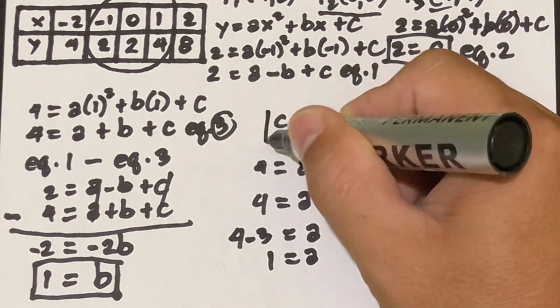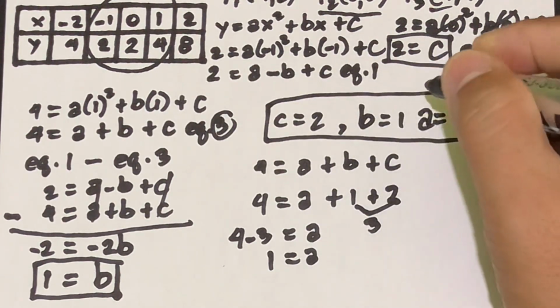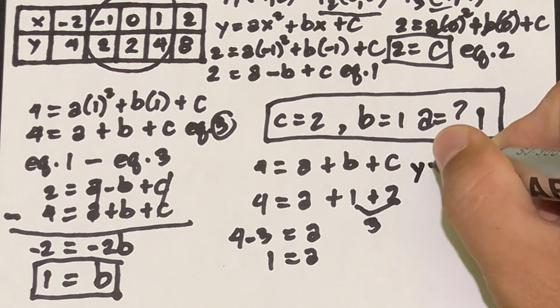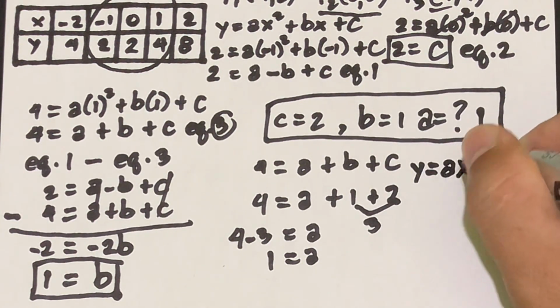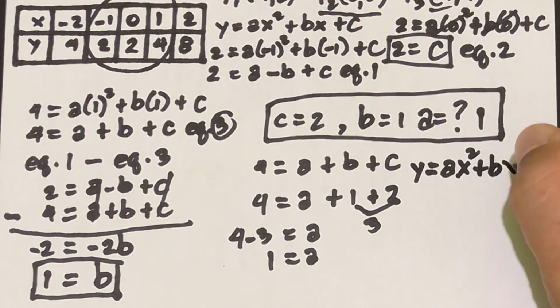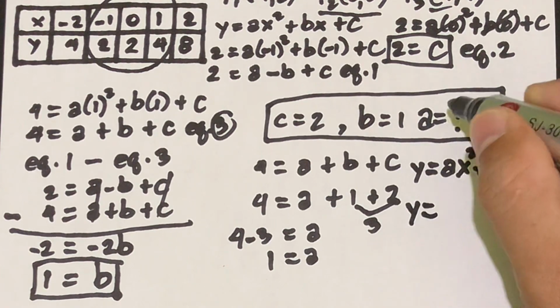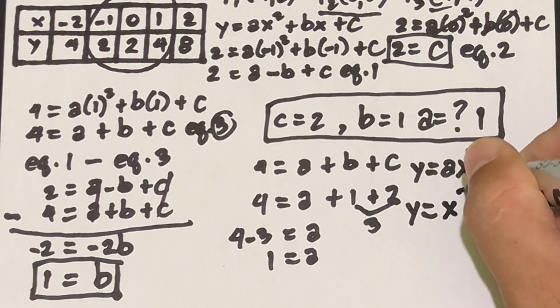So we now have the values of a, b, and c. The last thing to do is we will just substitute these in the standard or general form, y equals ax squared plus bx plus c. So we're going to have y equals, our a is 1, so 1 times x squared is x squared.